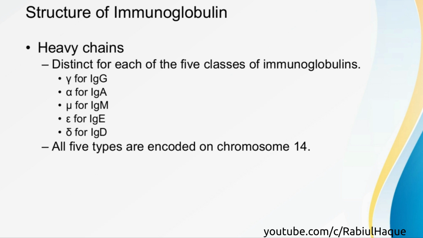For example, in case of immunoglobulin G, the heavy chain is gamma. In case of immunoglobulin A, it is alpha. For immunoglobulin M, it is mu. For immunoglobulin E, it is epsilon. And for immunoglobulin D, the heavy chain is delta. All 5 types are encoded on chromosome 14.